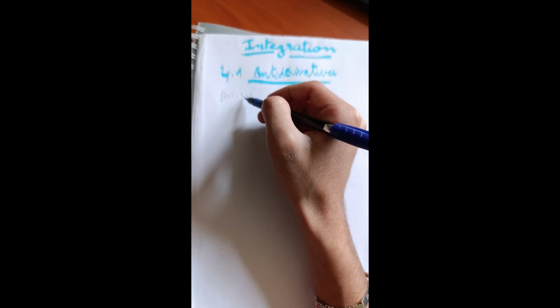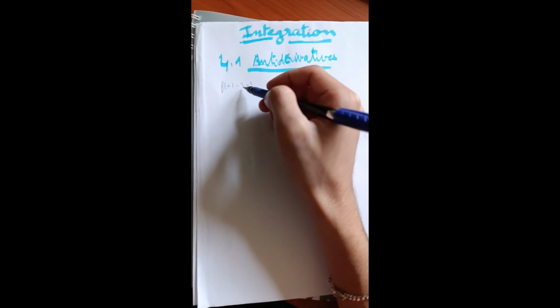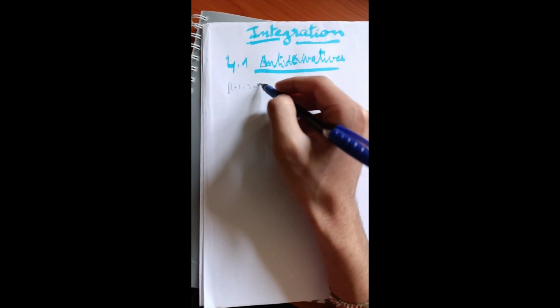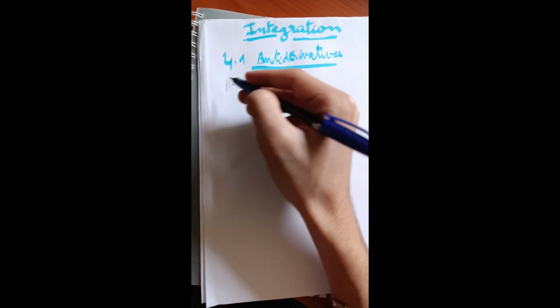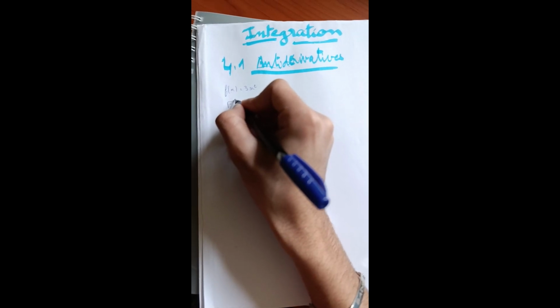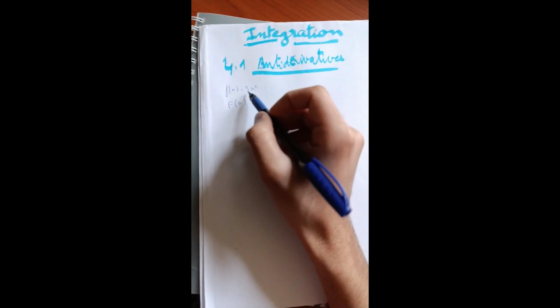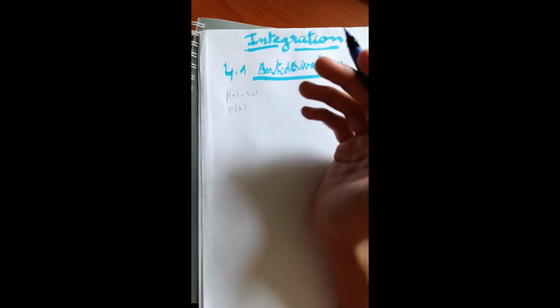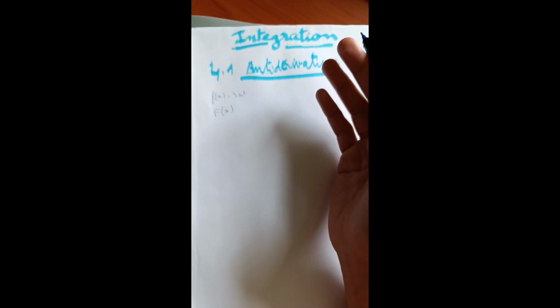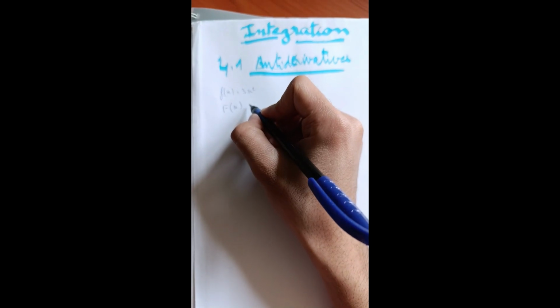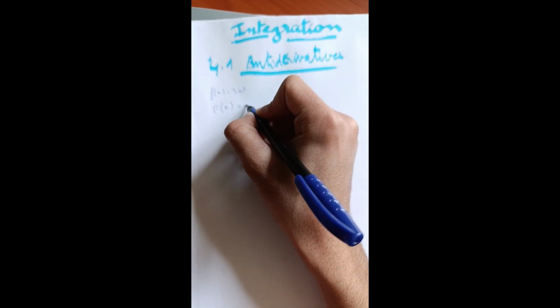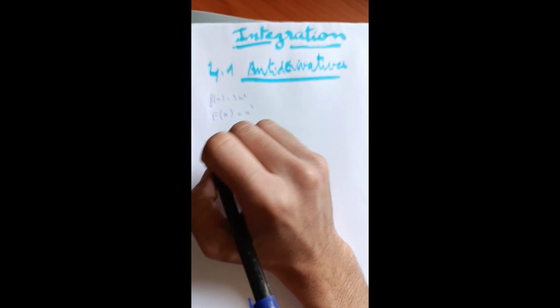This is a function that we've differentiated, right? And let's say we want to know what the original function was. Let's call it big F of x. So using our knowledge of differentiation, we can tell that this came from x cubed, right?